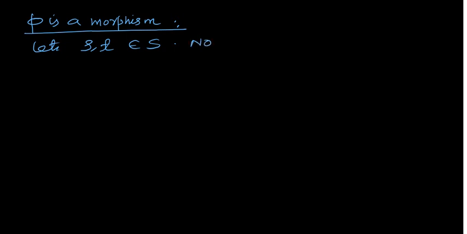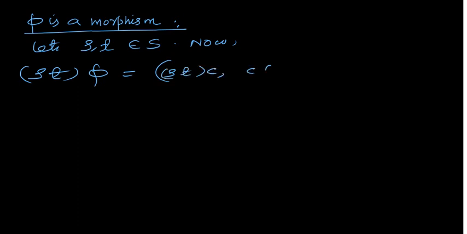Let's choose two elements S, T belonging to S. Now we have this ST. ST phi is equal to, what's the definition of this? It is SC, but in place of S we have ST, so STC and CST.